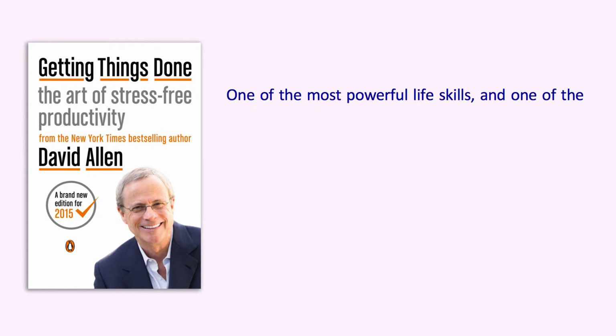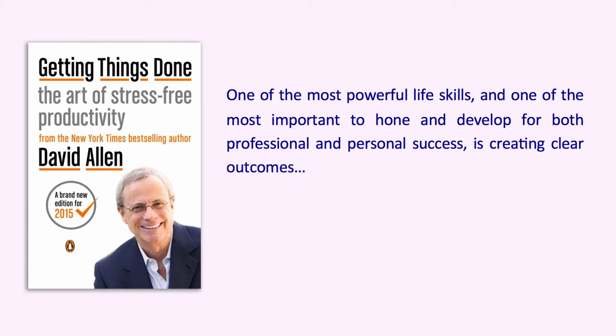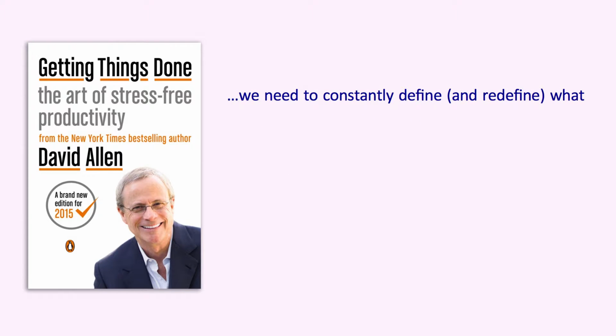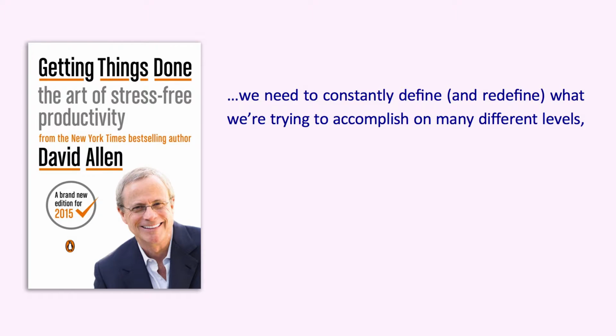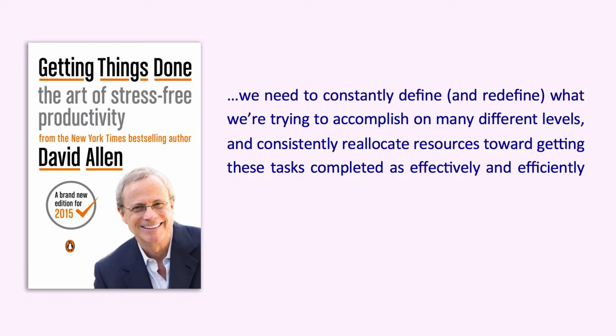One of the most powerful life skills and one of the most important to hone and develop for both professional and personal success is creating clear outcomes. We need to constantly define and redefine what we're trying to accomplish on many different levels and consistently reallocate resources towards getting these tasks completed as effectively and efficiently as possible.